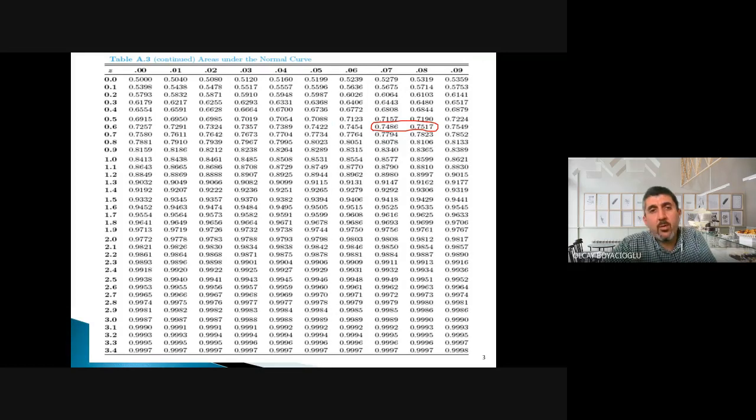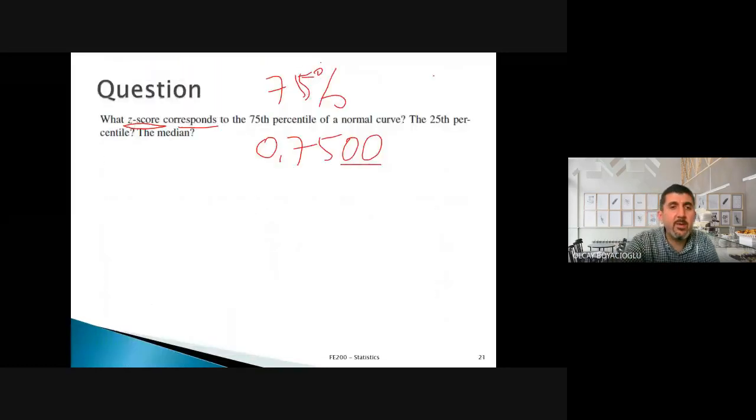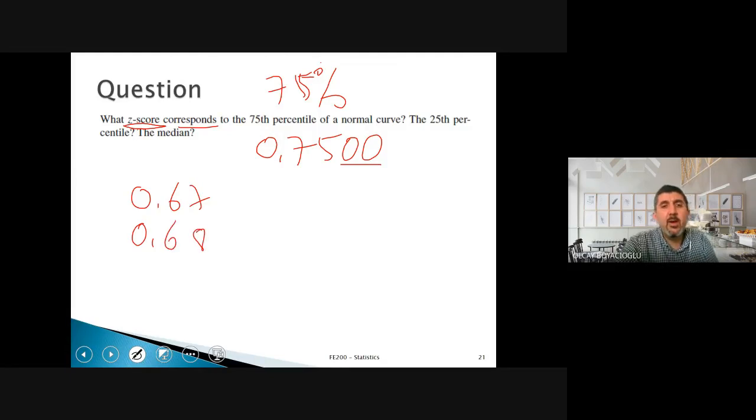What are those z-scores? 0.67 and 0.68. So I have 0.67 and 0.68. One of them is 0.7486 and the other one was 0.7517, if I remember correctly.